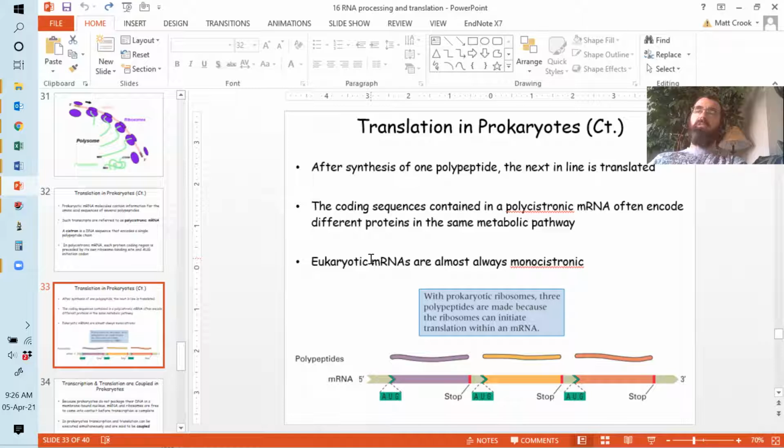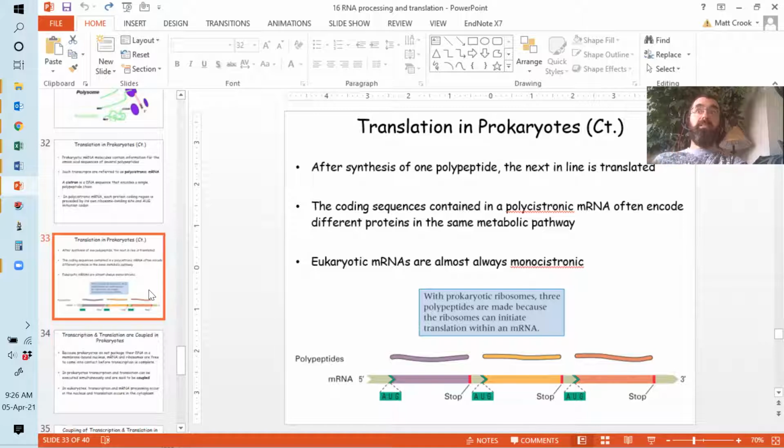And so a lot of how prokaryotes control gene expression is tied to the control of expression of a single cistron. So you'll have basically all the components required for controlling expression of that cistron at the beginning of that gene.